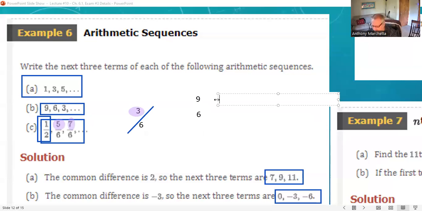And then 11 sixths, and then 13 sixths. Let's give them some fraction lines.